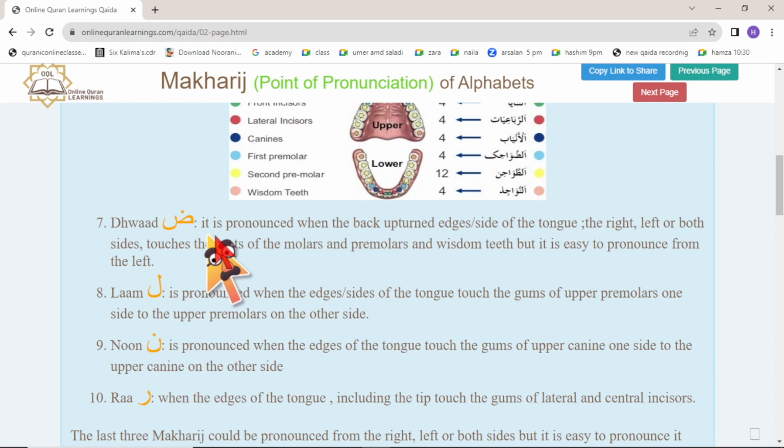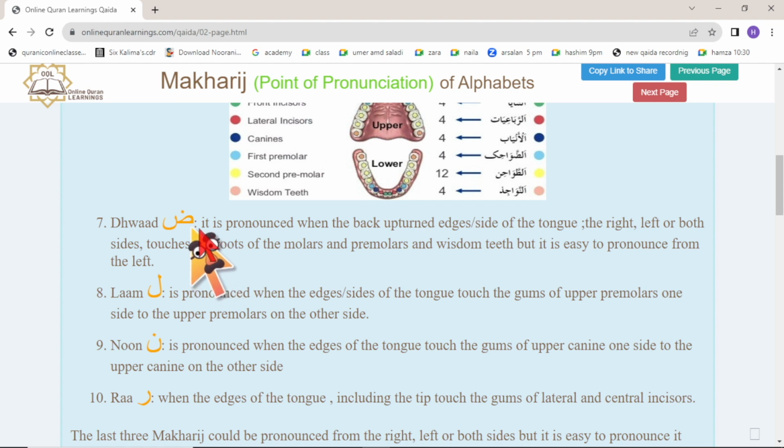When we pronounce Dhad, the left side of our tongue touches the second premolar or first premolar of our mouth.